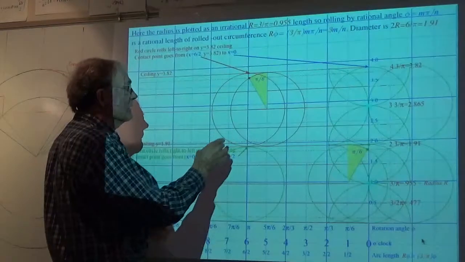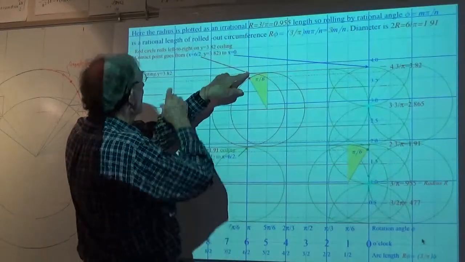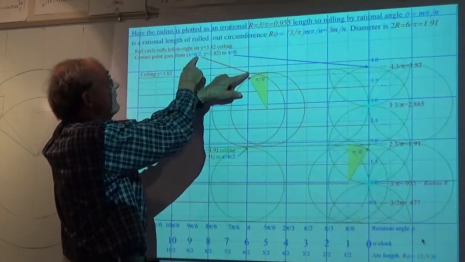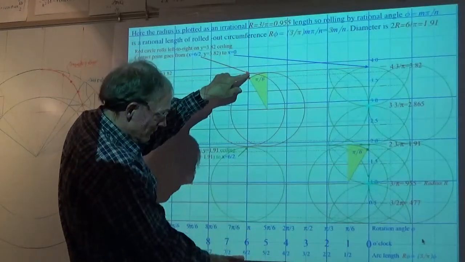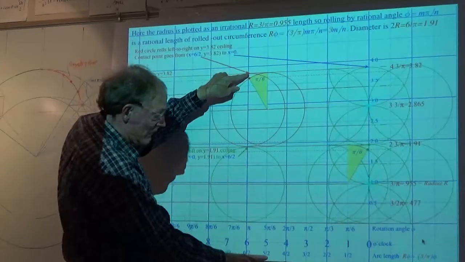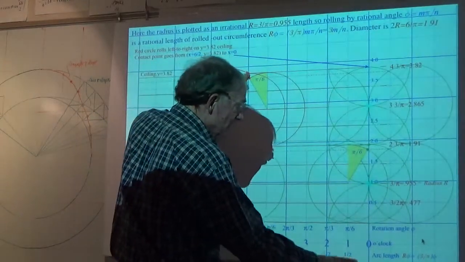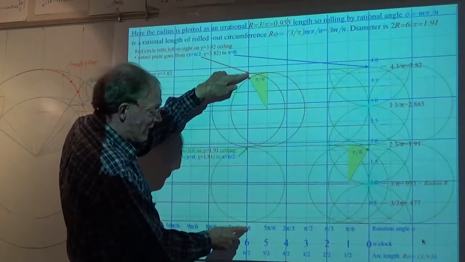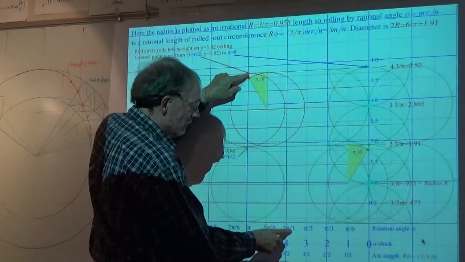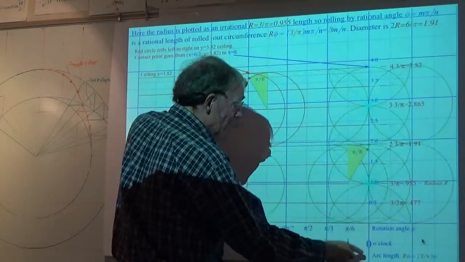And what it's doing, it's starting here at x equals 6/2. Okay, that's in these units down here. Here are the units: 6/2, 5/2, 4/2, 3/2, 2, that represent an angle that is, in this case, pi, 5 pi over 6, 2 pi over 3, and so on.